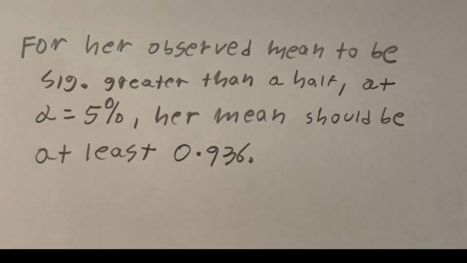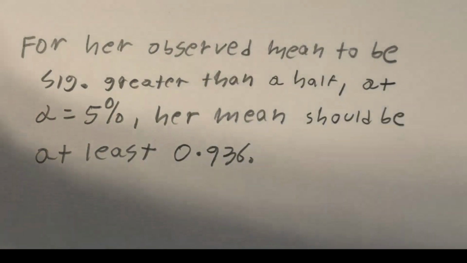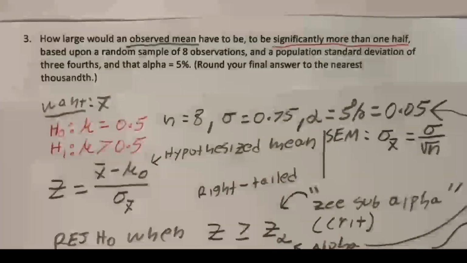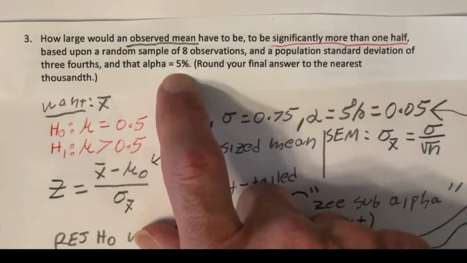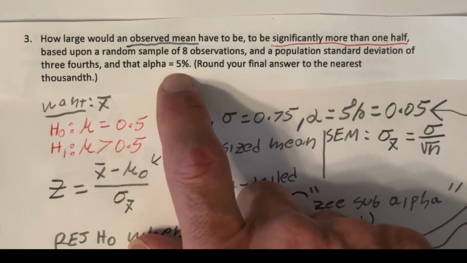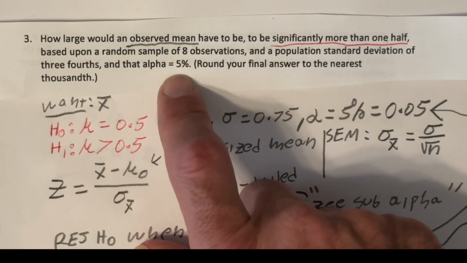Now, here's a little question. Suppose your professor gave you the same exact question, might have been a little bit lazy and wanted to give you a second question and said, you know what? I'm just going to change the significance level from 5% to 1%. This way I'll just copy and paste.